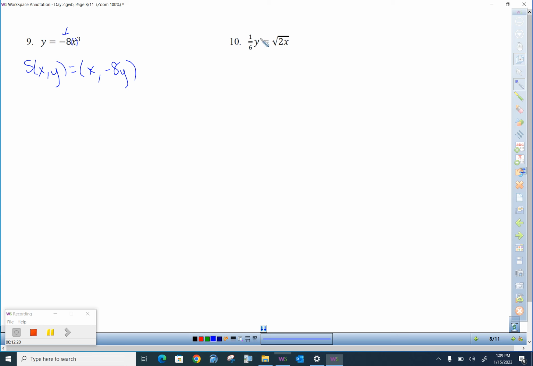And this is another one where it doesn't say y equals, so we have to multiply that 6 over. So it's y equals 6 times the square root of 2x. So then our rule is scale change for x, y is 1/2 x, flipping this part, and then 6y.